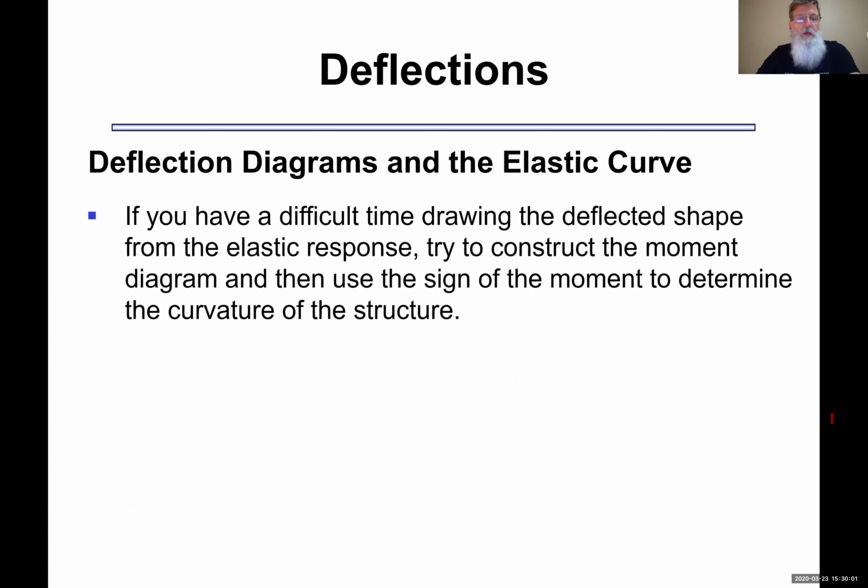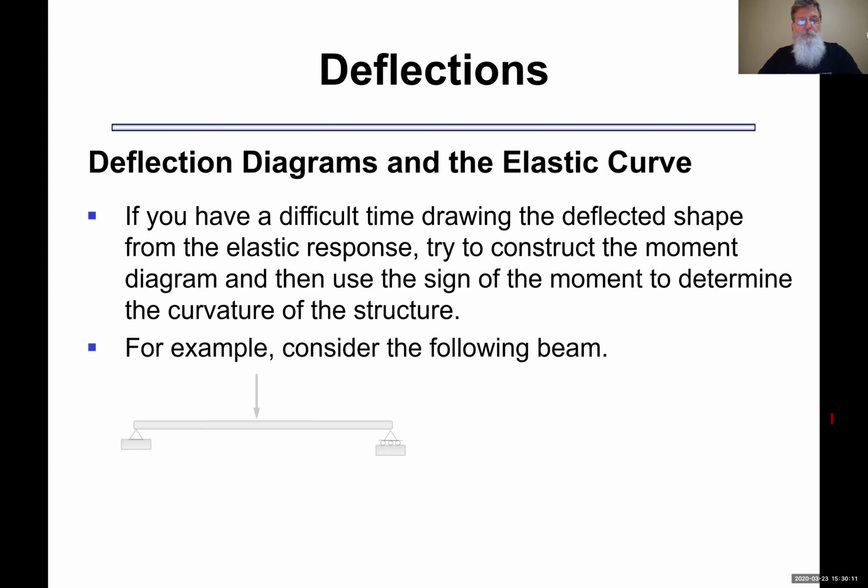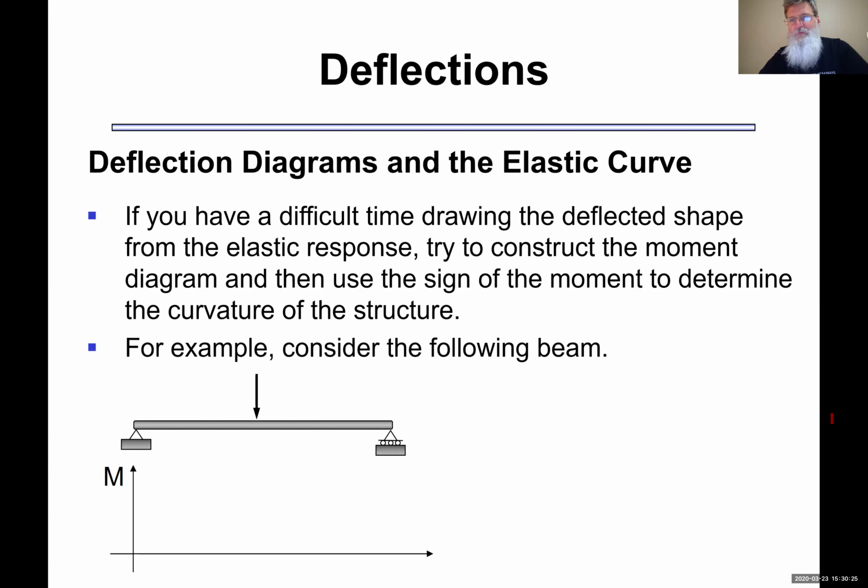So again, if you have a difficult time drawing these things, a lot of people do, it's not a big deal, but you can also use the moment diagram to help you. For example, if we had a simply supported beam, we've looked at several of these throughout the semester, under this particular loading, if I gave you some time, I'm pretty sure after the first exam results, you all could do this moment diagram.